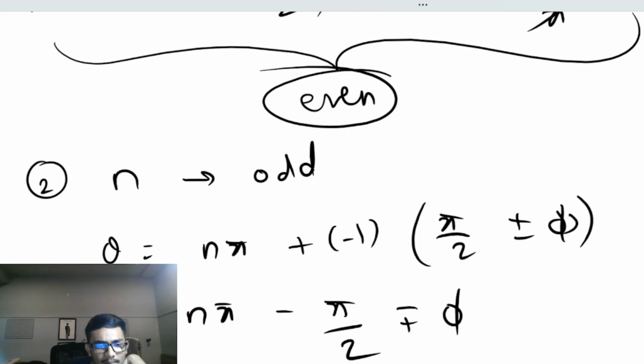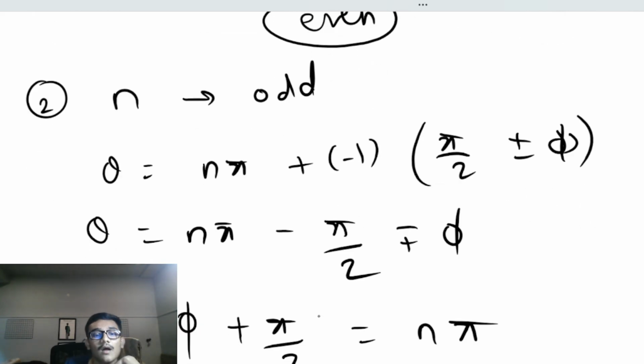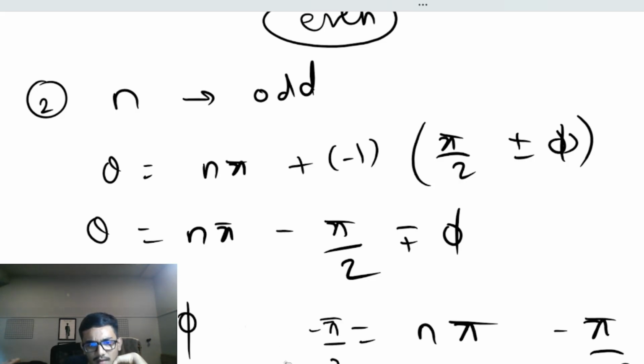I think that will not matter here. So theta plus or minus phi plus pi by 2 equal to n pi. But I want a minus pi by 2 here. So I'll deduct a pi by 2 from both the sides, and I'll shift it over here. So it will be again minus pi by 2.